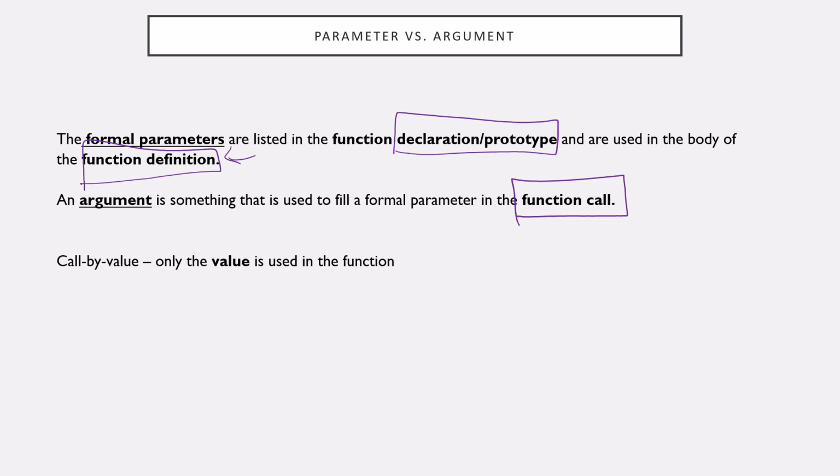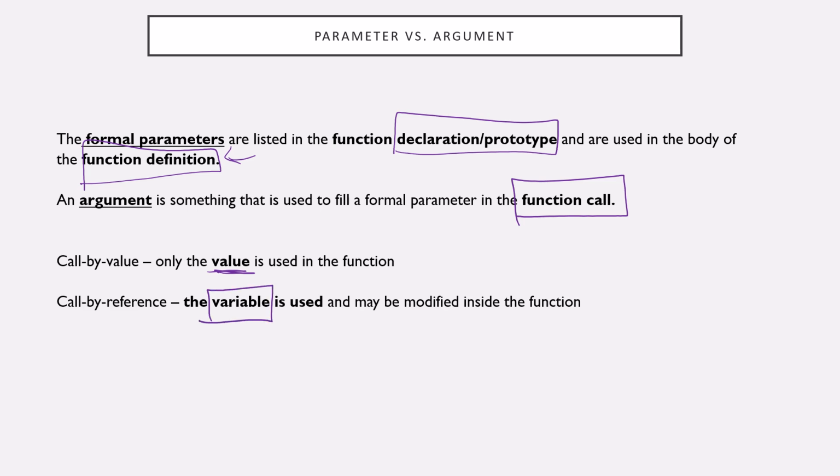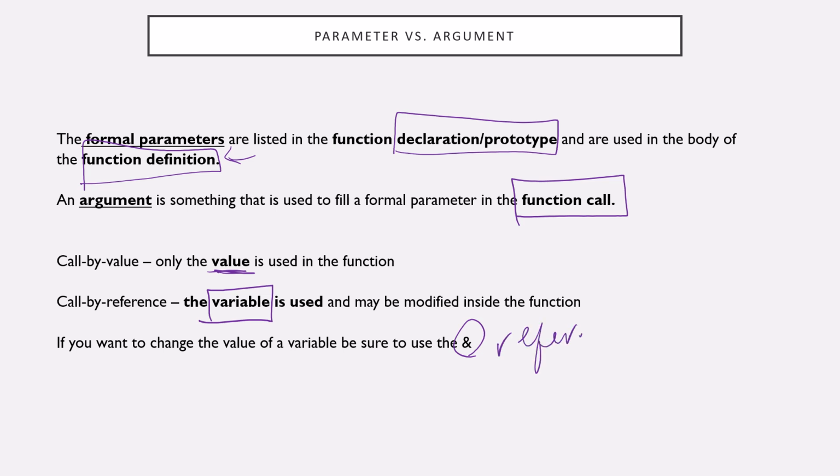Call by value, you have to pass a value. So if it's a variable, it must have a value. Call by reference, it must be a variable. If you want to change the value of the variable inside the function, be sure to use the ampersand and use call by reference.